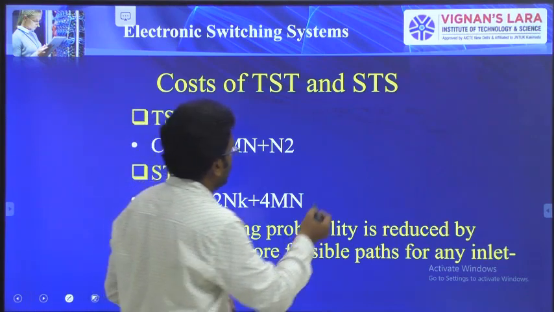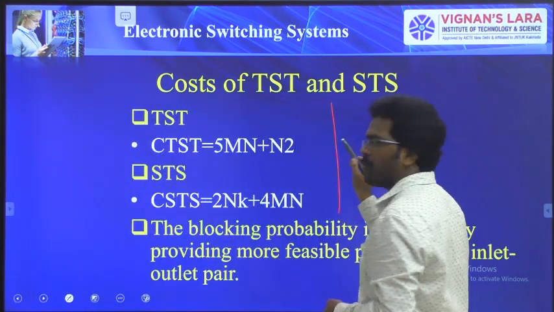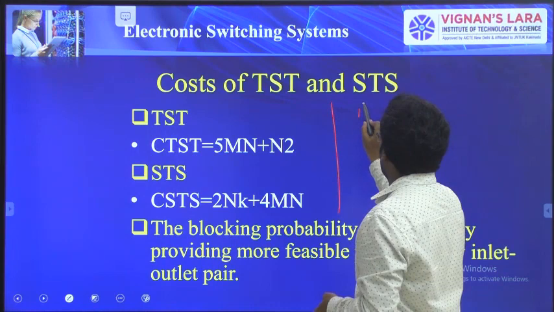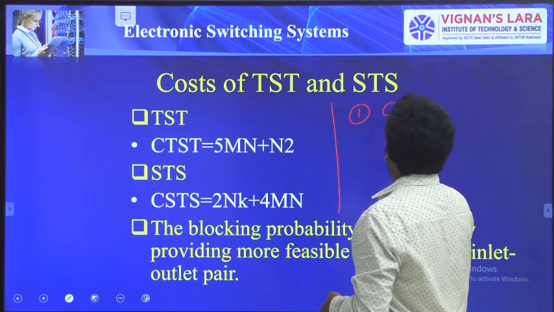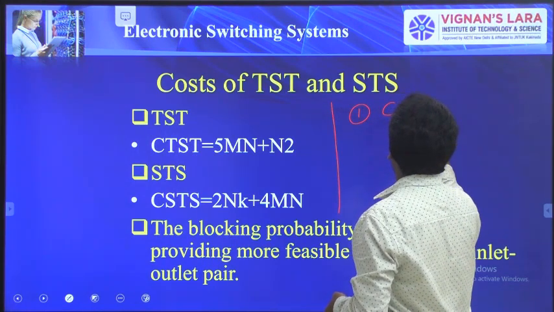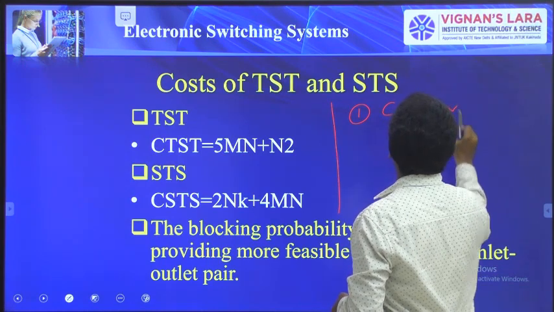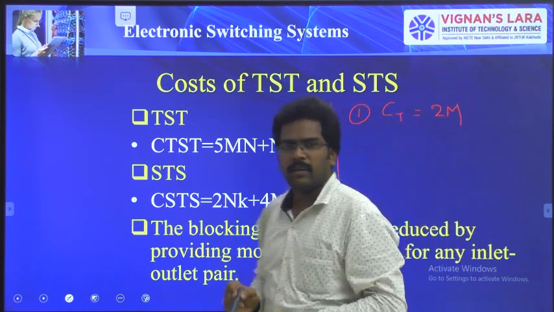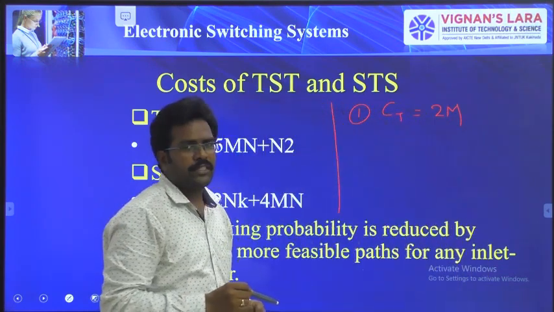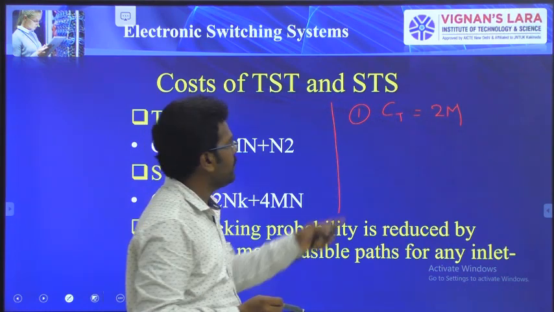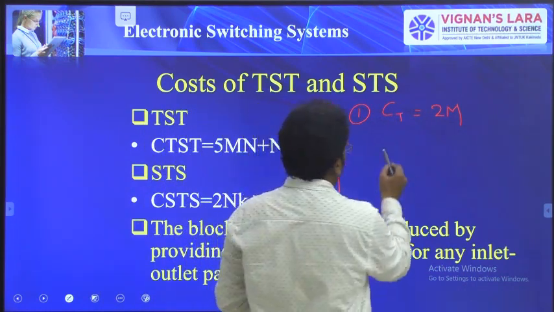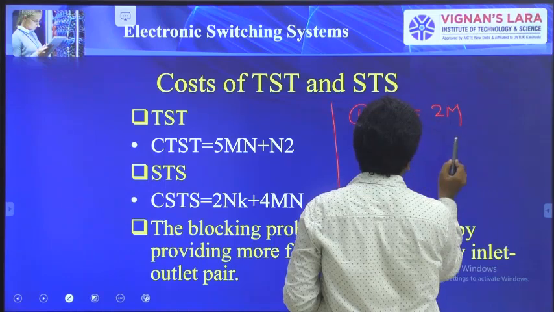Before discussing this, we should remember a few more points. What is the cost of a time switch? That is 2M, because it contains this many memory locations. So 2M is the cost of a time switch. What about the cost of a space switch?